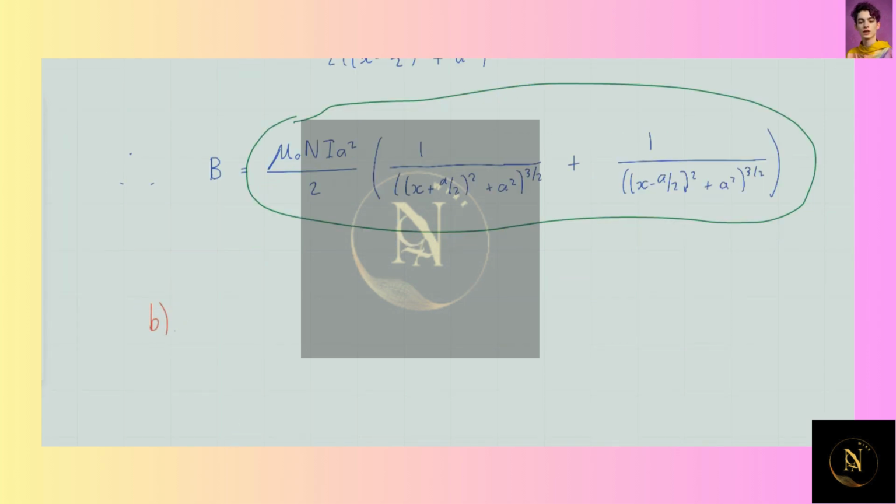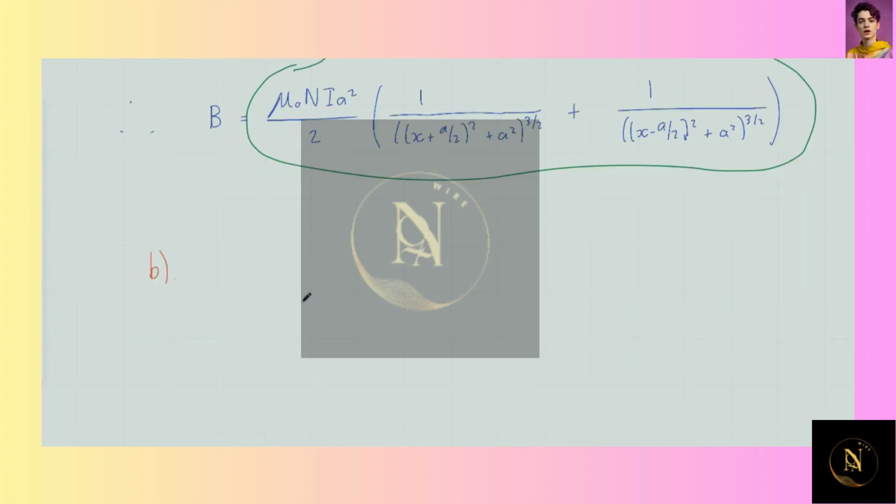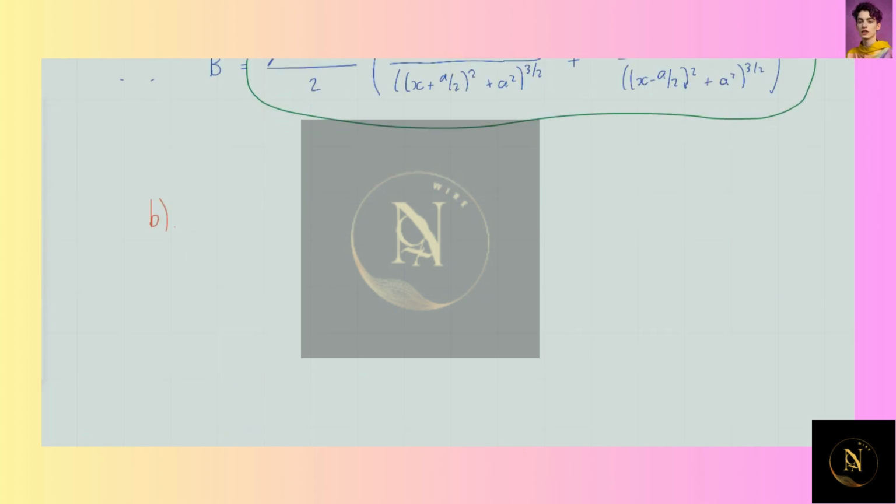Now for part B, we are asked to graph B versus x for x equal to 0 to x equal to a over 2, and then compare this graph for the magnetic field due to the right coil alone. So here we have a graph, as required.